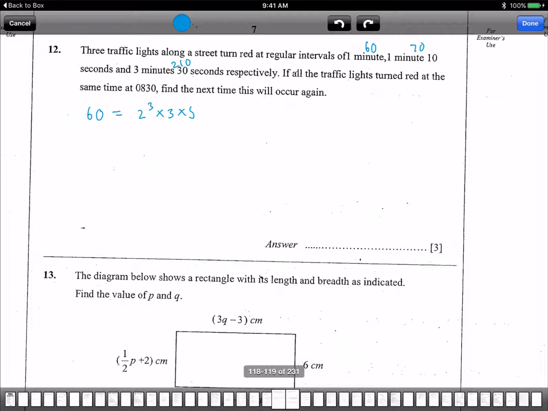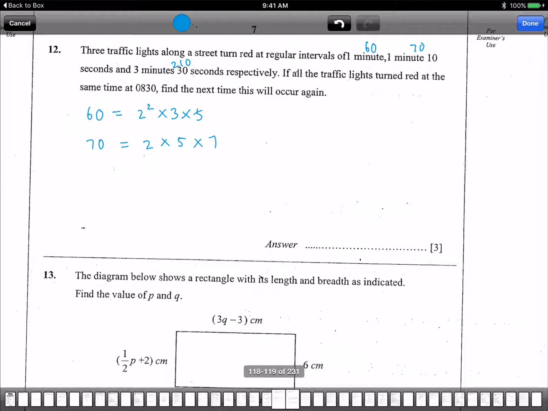Wrong. No wonder you got it wrong. 2 square times 3 times 5. First one wrong. 70 equals to 2 times 5 times 7. You put 2 cube. 2 cube is wrong.